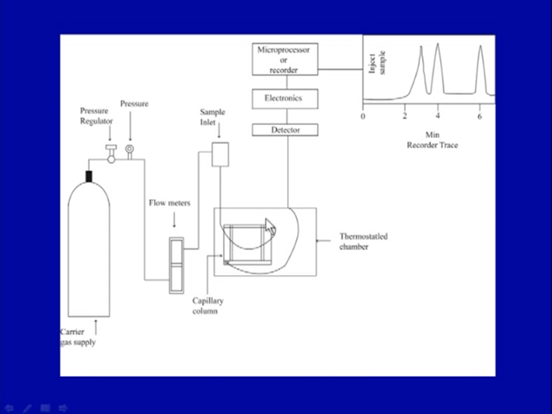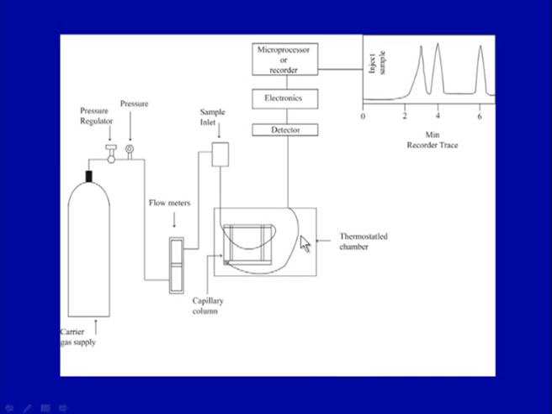Then there is a column here. This is a very long column, and since it is long, it is coiled, which is not seen here. So, in this oven there is a coiled long column, but very thin, with a very small diameter. They are very narrow bore columns, and this column length is required for proper separations.